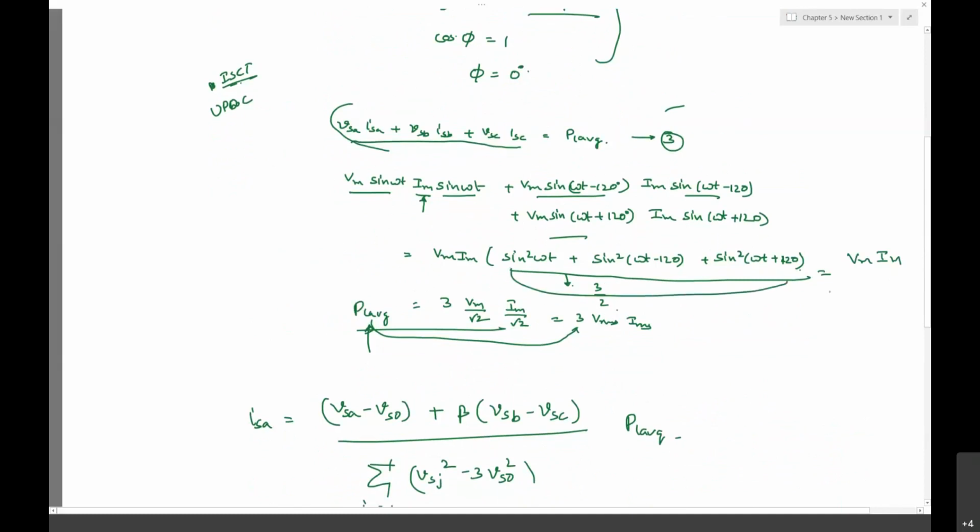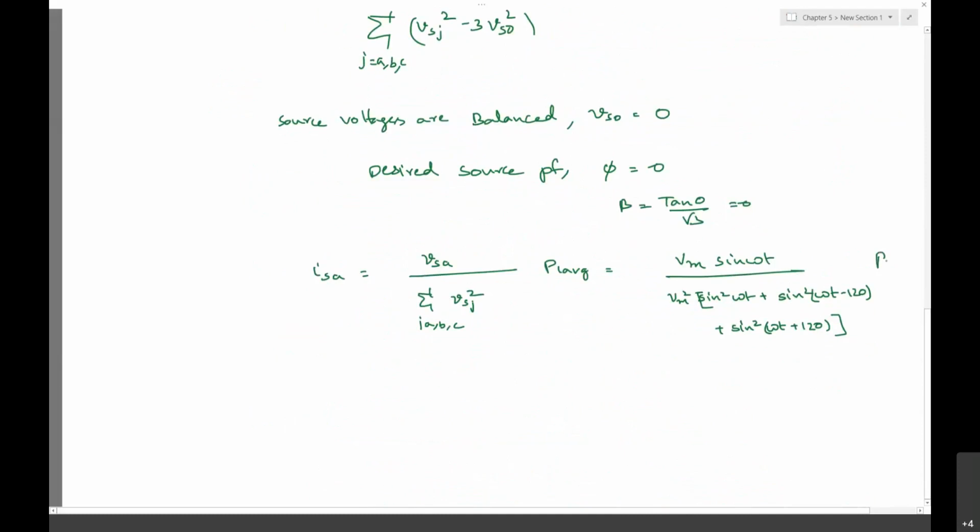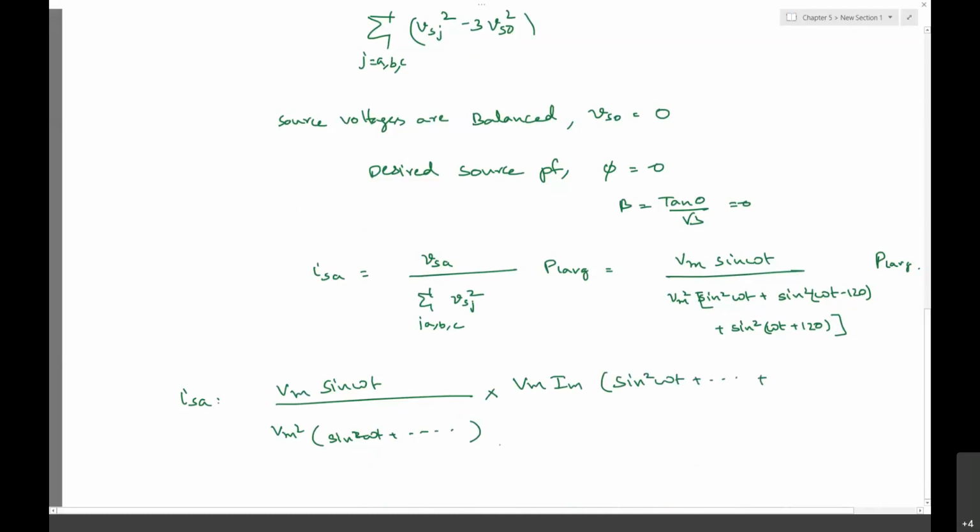We take this equation as number 4 and substitute it in PL average. Then ISA is equal to Vm sine omega t divided by Vm square times this expression, sine square omega t plus the other two terms, multiplied by Vm Im times the sine square expression, which is the PL average expression.